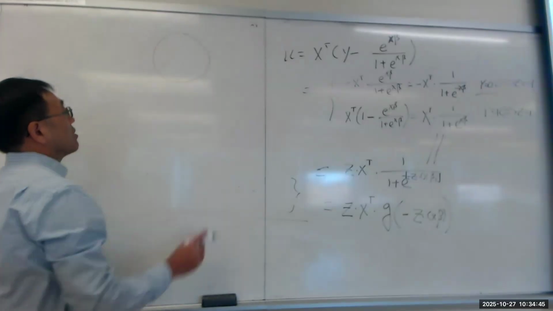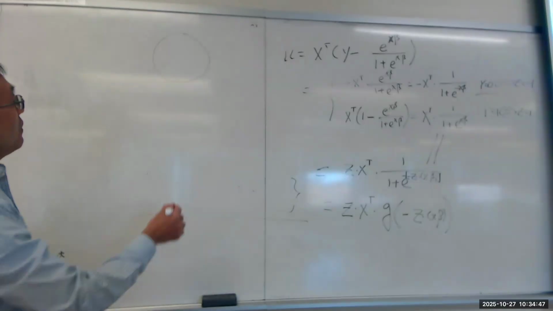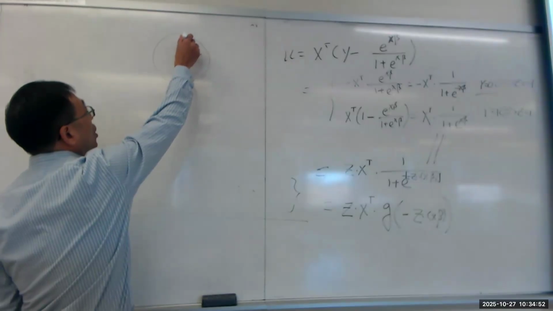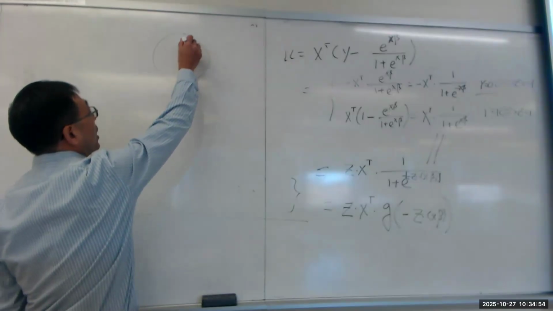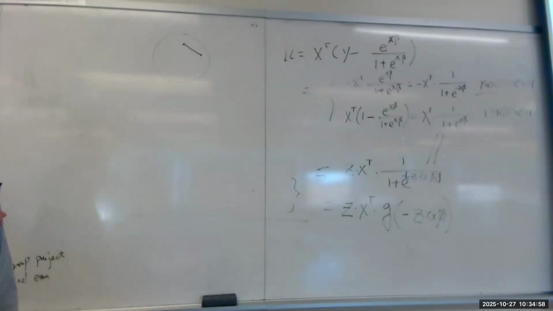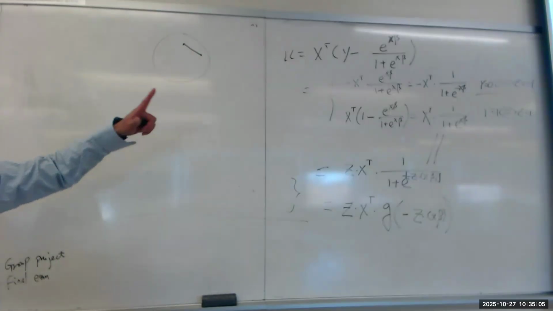So if you have a set S, and you pick any two points, and you draw a line between them, and the line stays within this set S, then the set S is convex. Like this example, this set is convex, right?